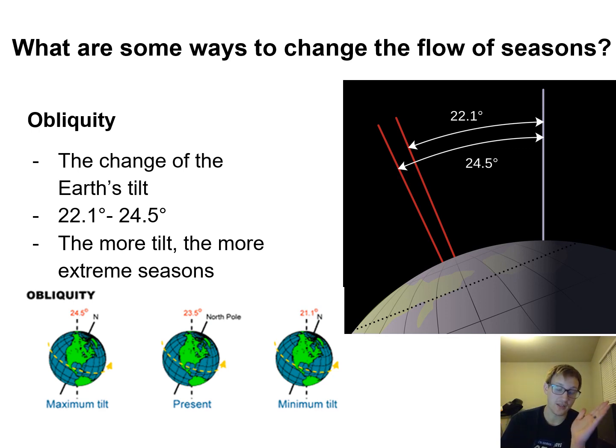And also, if the extreme tilt is away, we'll have even less sunlight, and it'll be even colder. People in the northern hemisphere will have even less sunlight, maybe not even getting any at all. Those things can affect the seasons as well.